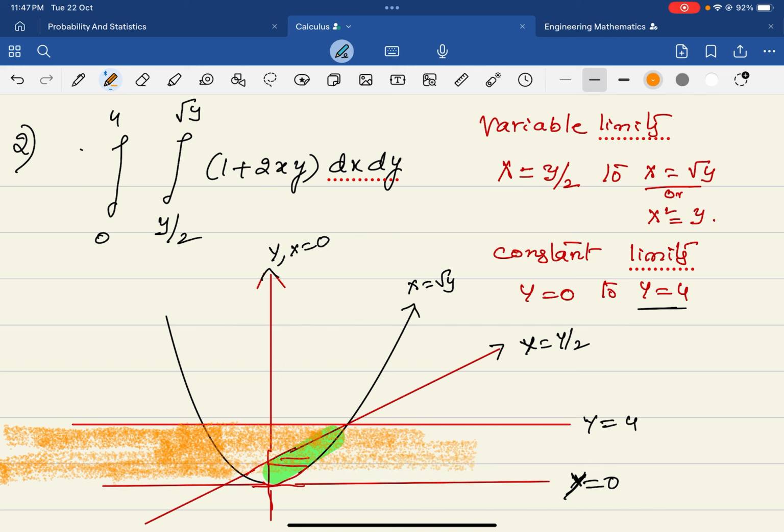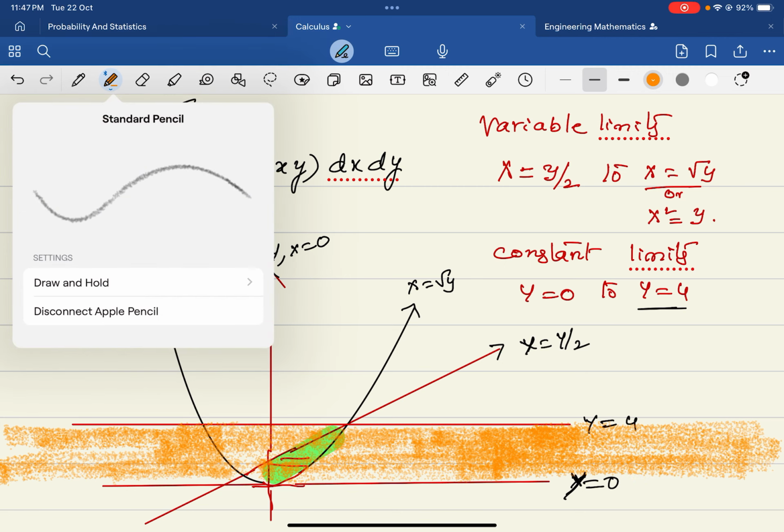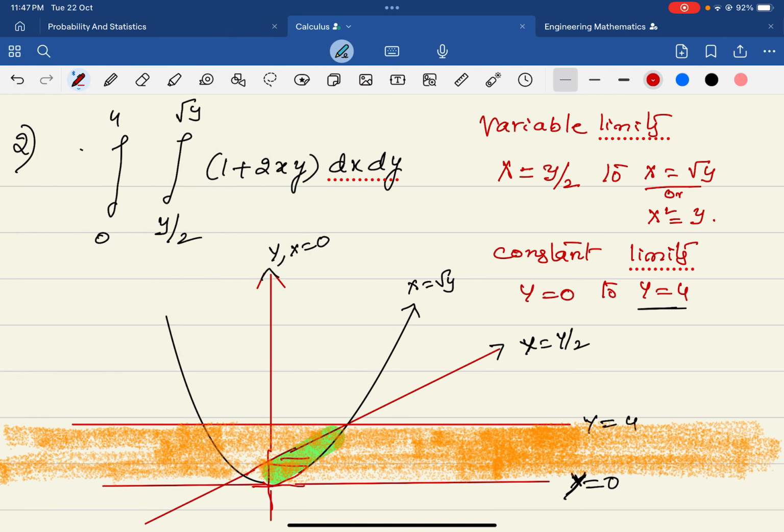All this region is y is equal to 0 to y is equal to 4. Now what is the common region? The common region is given by this portion only. X is equal to y by 2 to x equal to root y. So from here to here. So this is the region.